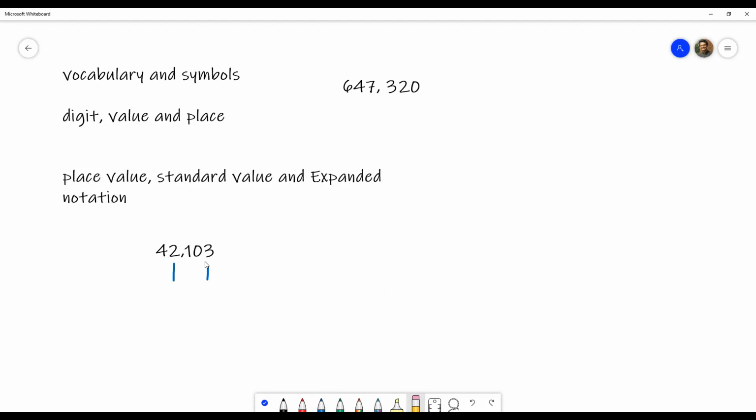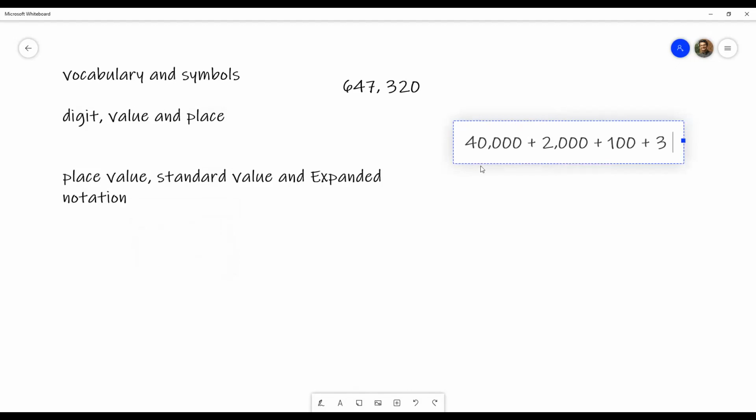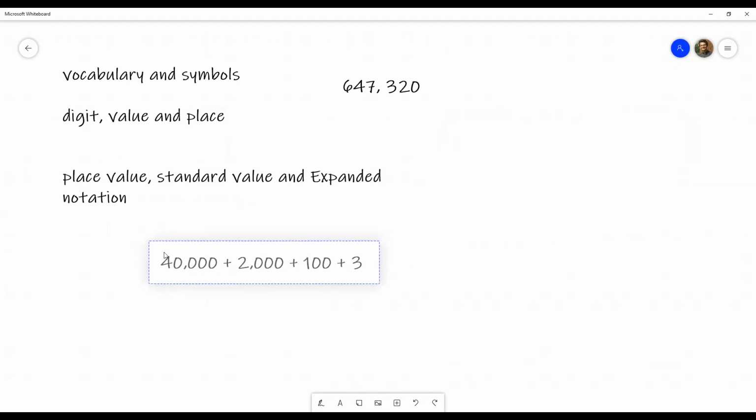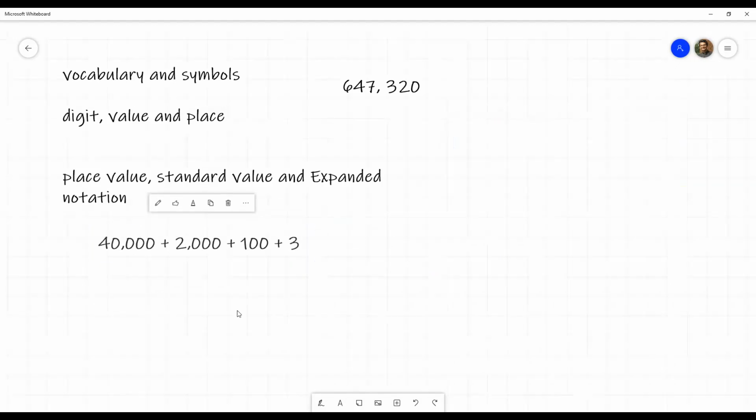Okay, then let me remove this example as well. And we have expanded notation. What does it say in the book? It says this. Let me copy it and paste it. This is the expanded notation.